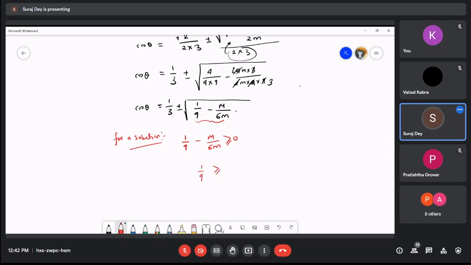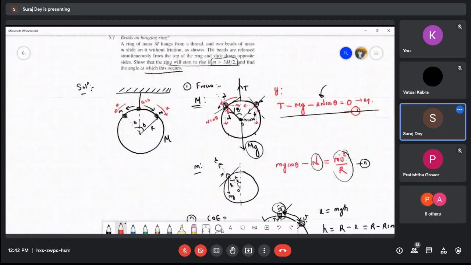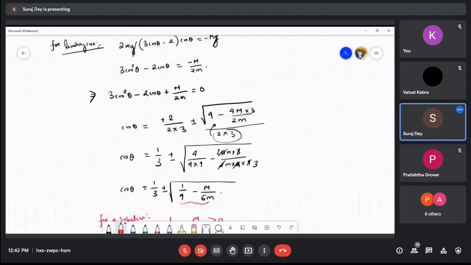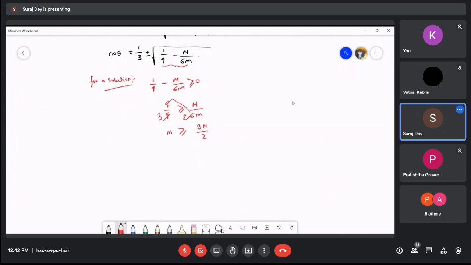So this is greater than or equal to, and this you can solve, and you can take this to that side, and I think this is equal to 3m by 2. So I guess this was the condition.